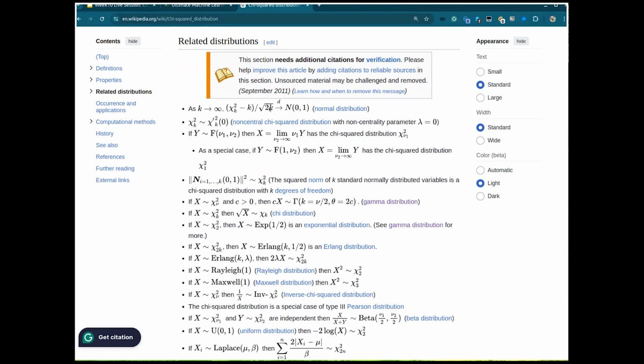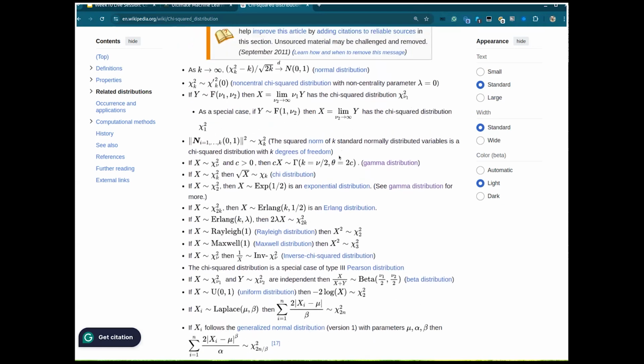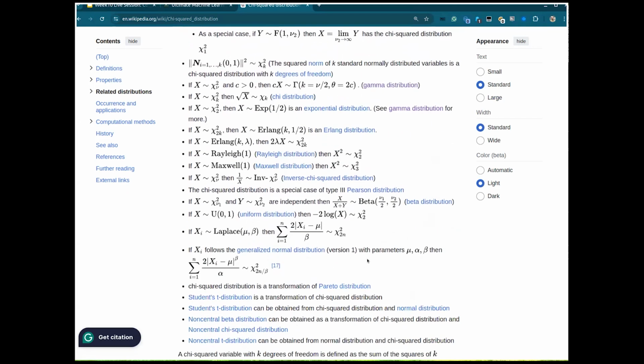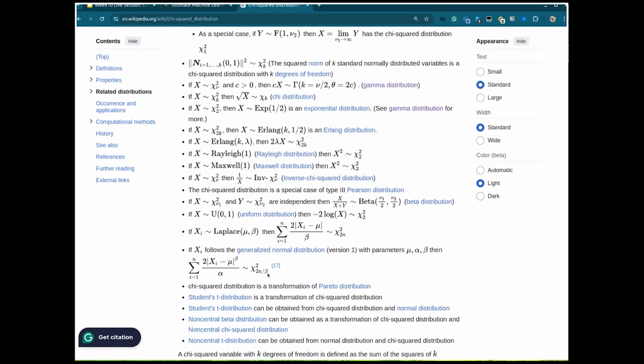So k is my number of things I'm adding. And gamma we had already seen in the lecture. It's also related to exponential in some way. There's something called Erlang, Rayleigh, Maxwell, whatever. So the point is there are a gazillion distributions which are related to one another. Sometimes it doesn't tend to it. It's exactly like you substitute this value and it flips to that. There's no continuous way to go there.